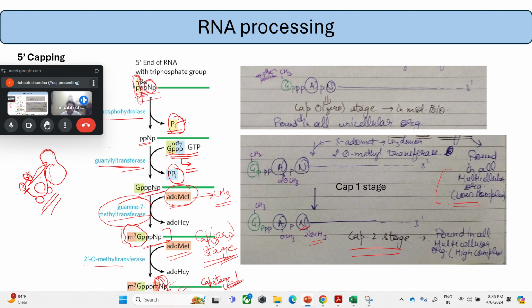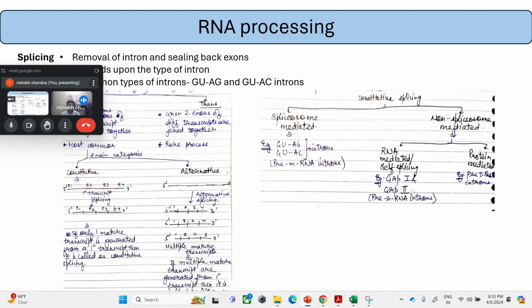Here the major role is played by the carboxy terminal domain of RNA polymerase 2. Now we'll move forward to splicing.